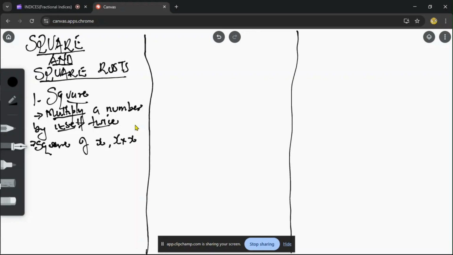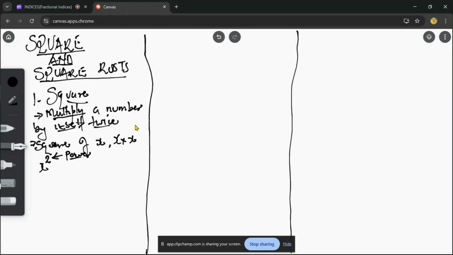You can have so many examples of what a square is, but the symbol for square is normally written as x, then you write the 2 on top here. This 2, we call it power, x power 2. This is the symbol for the square of a number.